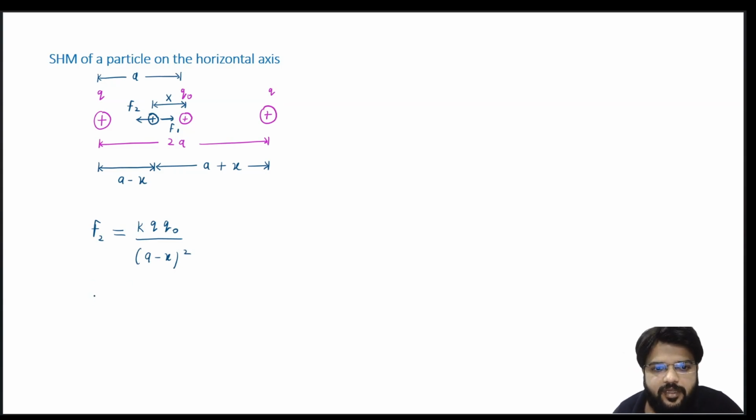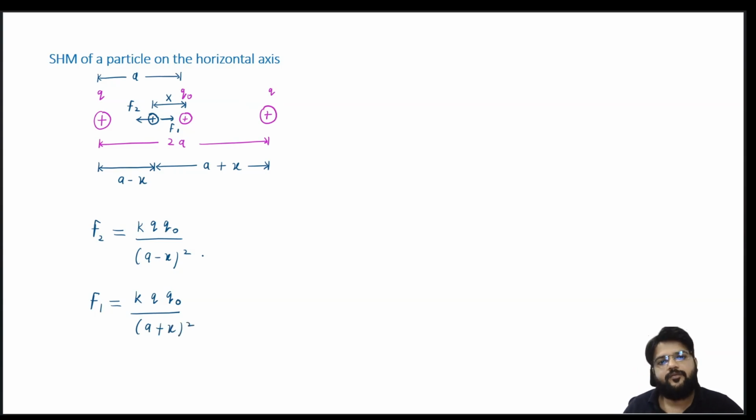Then F1 is K Q Q naught, and the separation between Q naught and Q is a plus x, so we write a plus x whole square. So F2 equals K Q Q naught by a minus x whole square. F1 is K Q Q naught by a plus x whole square.